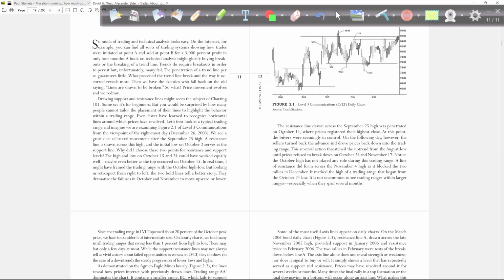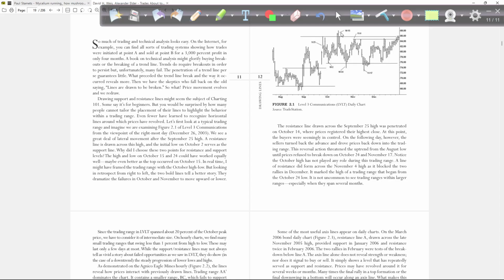Now let's move to the next paragraph. The resistance line drawn across the September 25th high was penetrated on October 14.